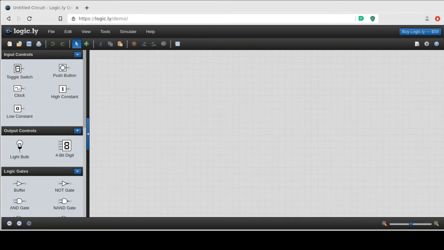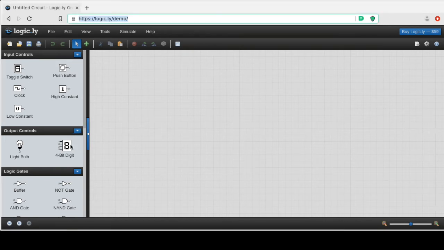And I actually have it linked from our Canvas site. It's basically an online little web page where you can build circuits. So logic.ly demo is the demo. Okay, so let's build some circuits.